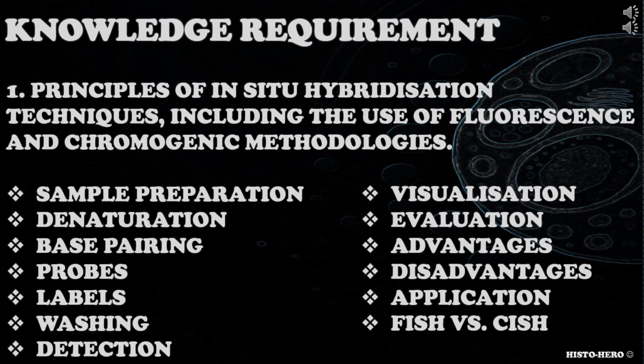The first knowledge requirement is principles of in situ hybridization techniques, including the use of fluorescence and chromogenic methodologies. Candidate needs to have the knowledge and understanding about in situ hybridization. You could ask the candidate to explain what is in situ hybridization, to name steps taken during this technique, to explain why this technique is used in histology, to list differences between fluorescence and chromogenic method, to name their advantages and disadvantages.